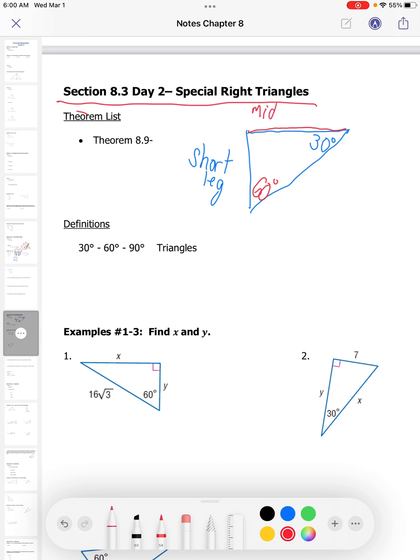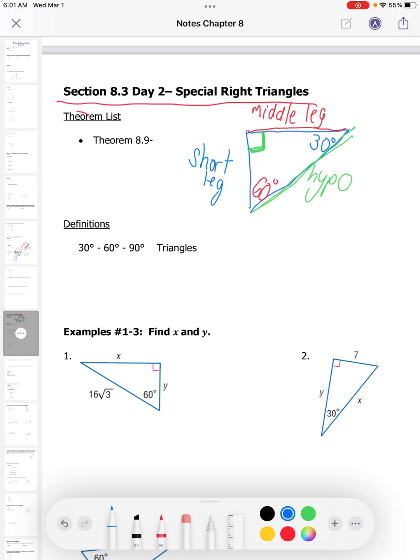It's bigger than the short, and we will put that right there. Then I have my hypotenuse right here, across the way from the 90 degrees.